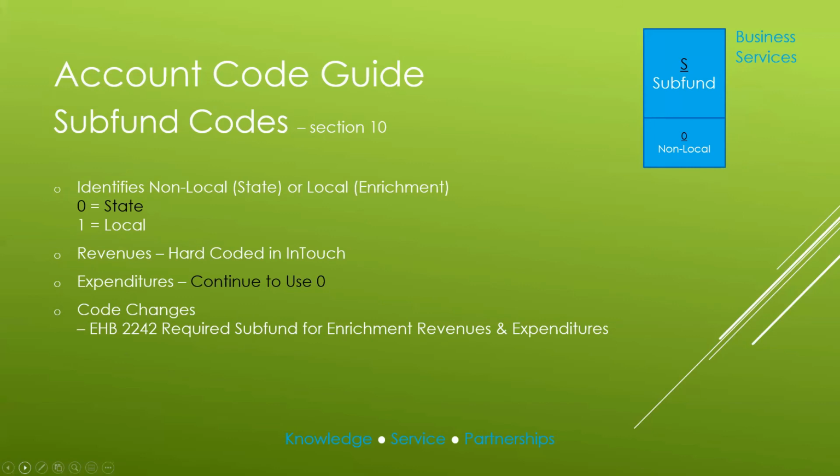Now, all of the revenues are hard-coded in InTouch to add the subfund. Expenditures, you want to continue to use 0. Please do not select the subfund 1 for expenditures. And all of these changes were in 2242 for subfund and the enrichment tracking of revenues and expenditures.